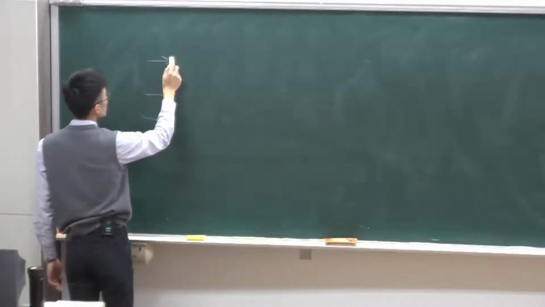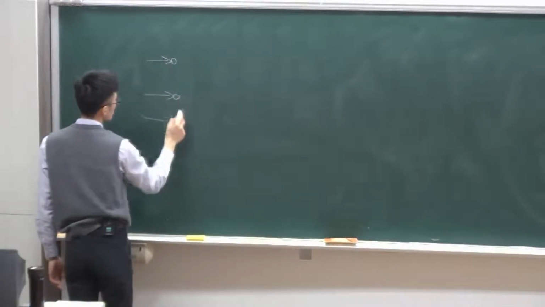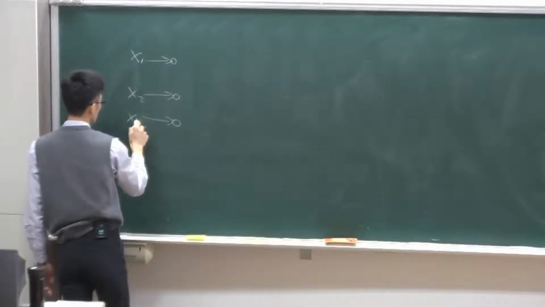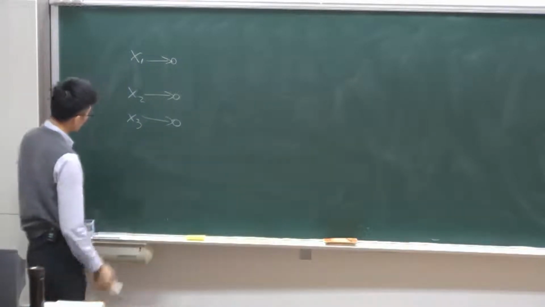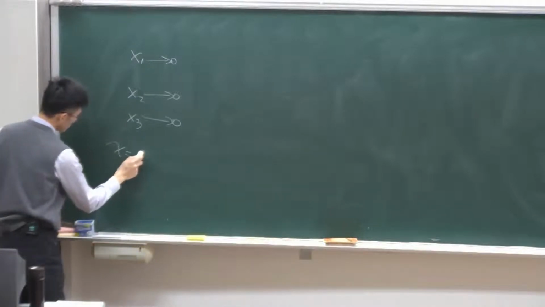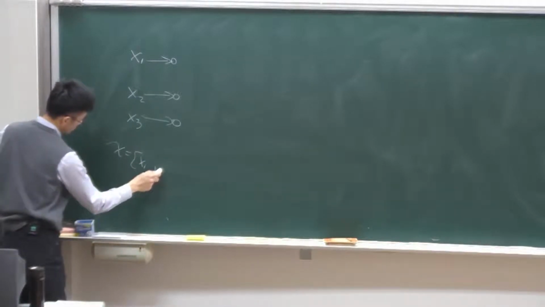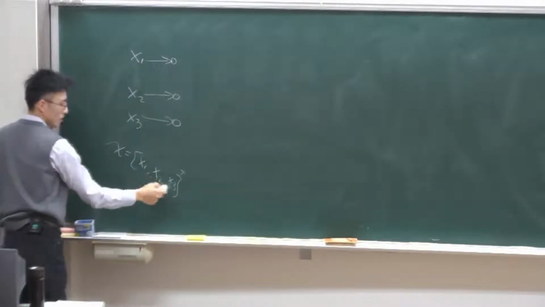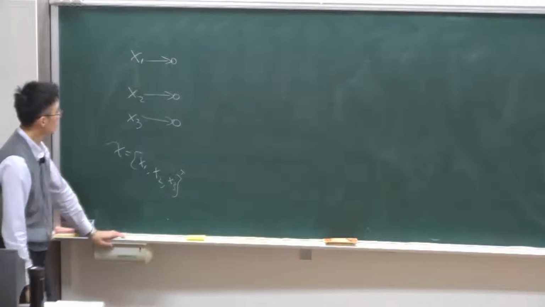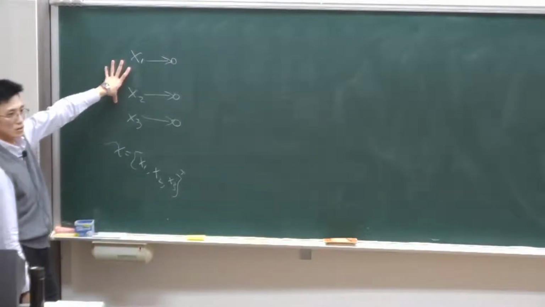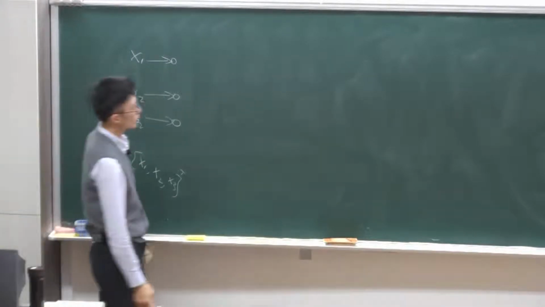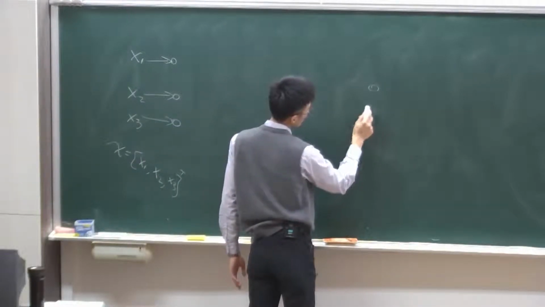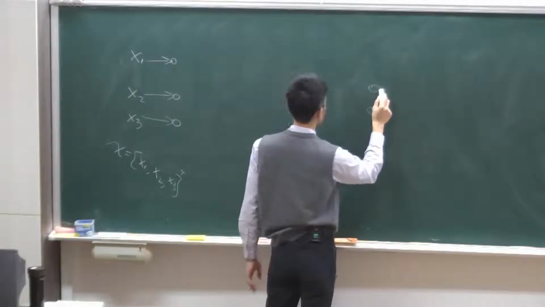Let's say input x1, x2, x3. For example, if you have a state x1, x2, x3, position, velocity, and acceleration, the input will be 3 dimension, and you have output maybe again 3 dimension or 1 dimension. It doesn't matter what the dimension is.